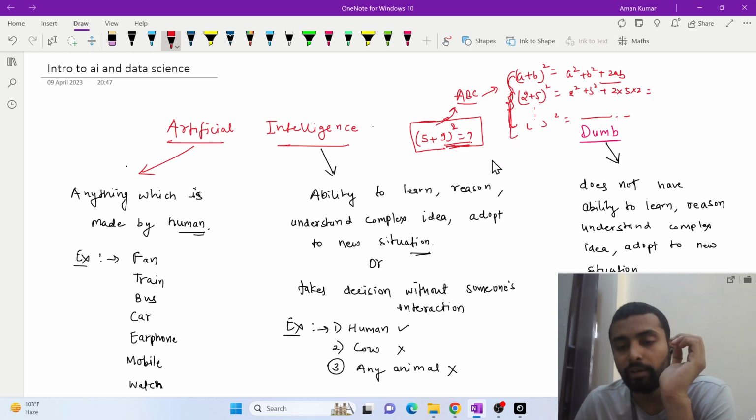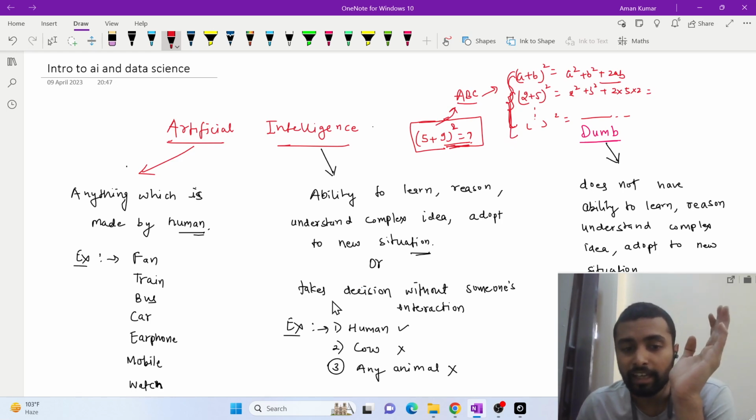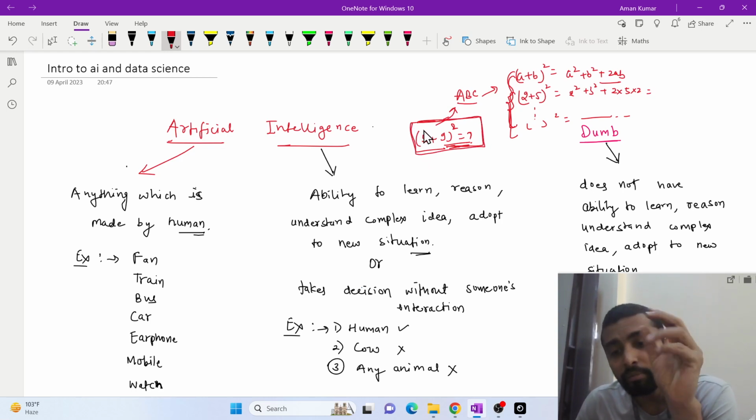So that is the example of intelligence. And this line is saying that it takes decisions without someone's interaction. Here, if he wants to answer that, he must take help of someone, or he might have to cheat to answer this question.